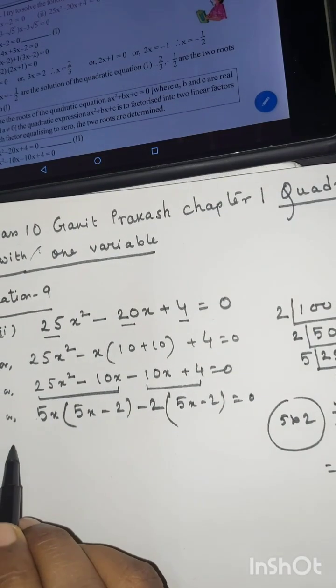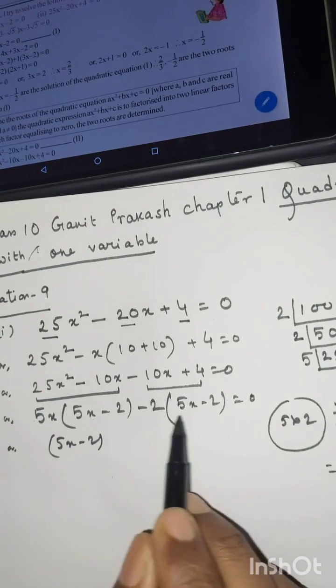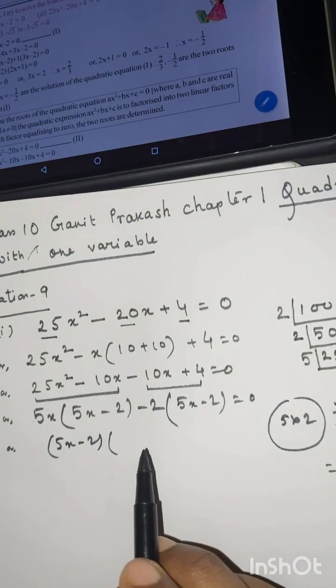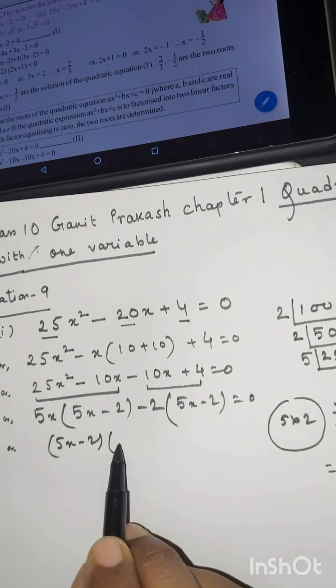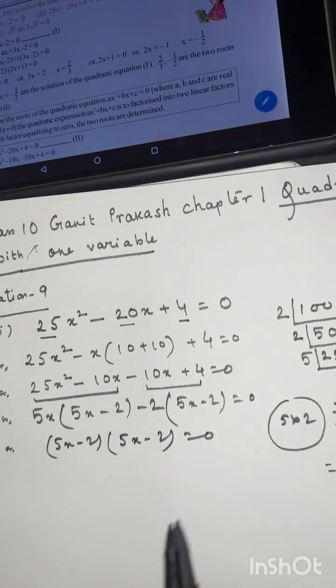Now we can again take 5x minus 2 as common, so the remaining part is 5x minus 2.